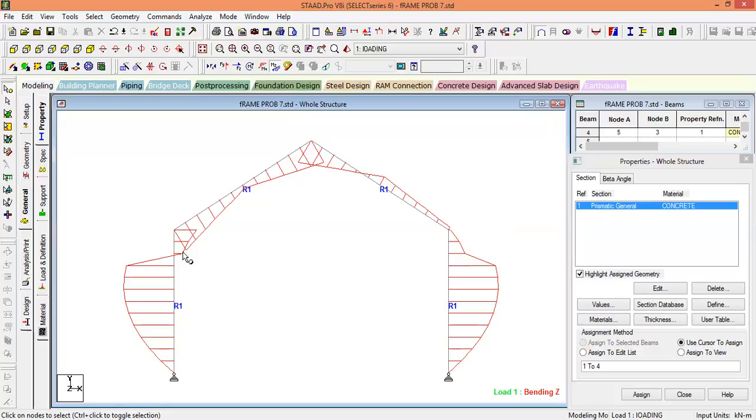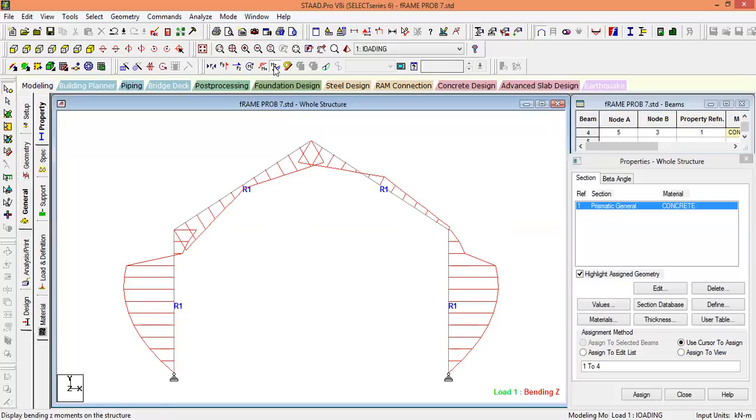Where you have a concentrated moment, there will be a sudden change in the bending moment values. That is why there is a sudden change here and here. And this is the remaining bending moment diagram of the inclined members.